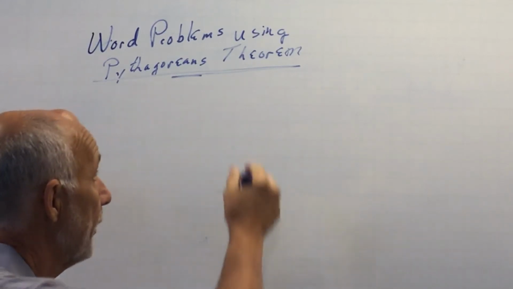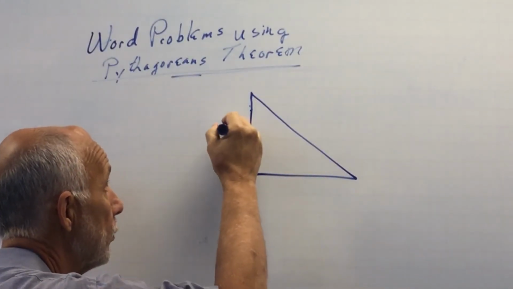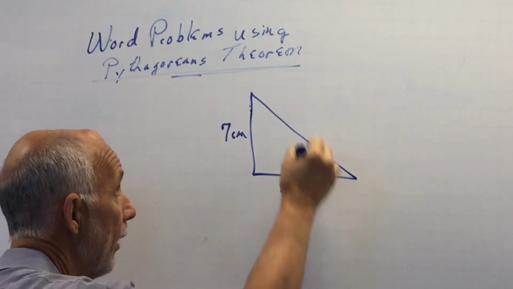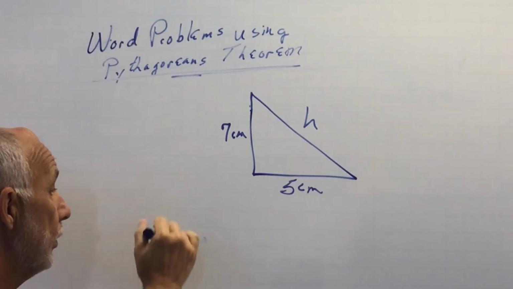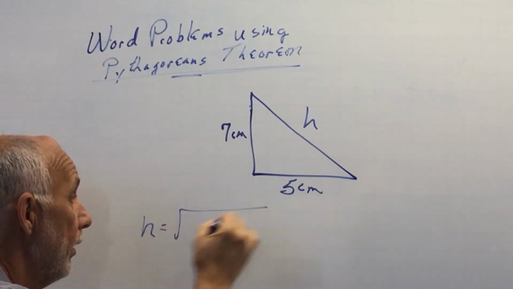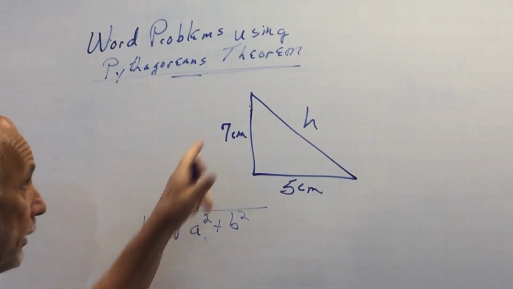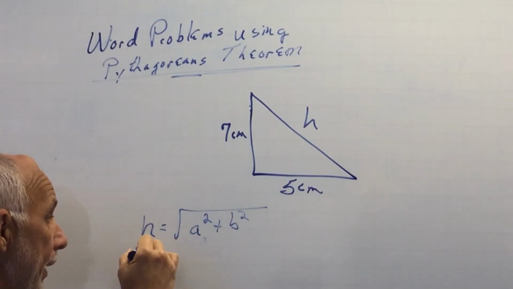The ones I gave you as examples in the last video were always perfect squares. But if I had something like this, a right triangle, and I said this was 7 centimeters and this was 5 centimeters, and I wanted to find the hypotenuse, again, I could use the formula h is equal to the square root of a squared plus b squared. And again, whichever one you call a or b here is up to you because it doesn't matter.